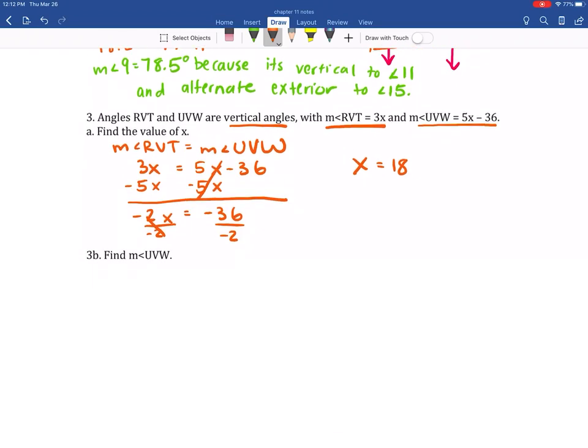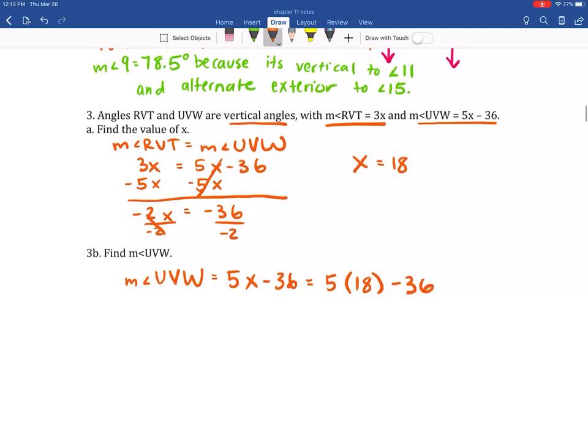So the last part says solve for UVW. The measure of angle UVW was 5x minus 36. Well, I just found out that x is 18, so I'm going to plug that in. 5 times 18 minus 36.